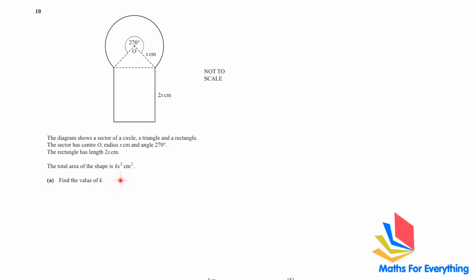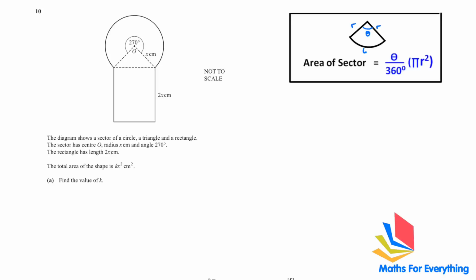The total area of the shape is kx square centimeter. Find the value of k. So we can divide this into three parts. The first part is the sector. To find the area of the sector, we use the formula theta over 360 multiplied by pi r squared. Theta is your angle. So let's find that first.